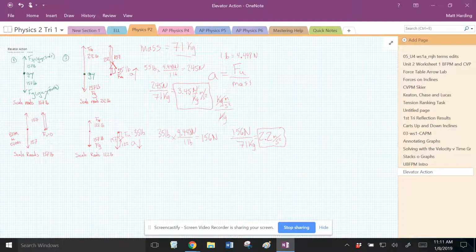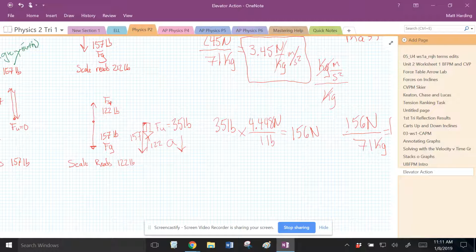So think about that with a bowling ball. When you're trying to slow it down, you're directing your hits with the mallet opposite the direction it's moving. That's the same idea here. The unbalanced force has to point opposite the direction of the motion in order for this thing to slow down. That's why you have more force in the downward direction than up, leaving you unbalanced by 35 pounds down, which gives you an acceleration down.